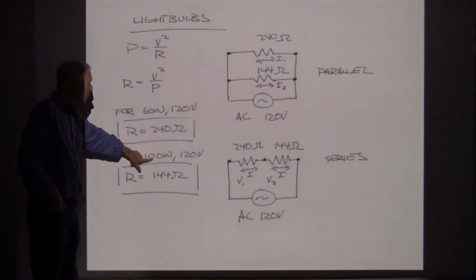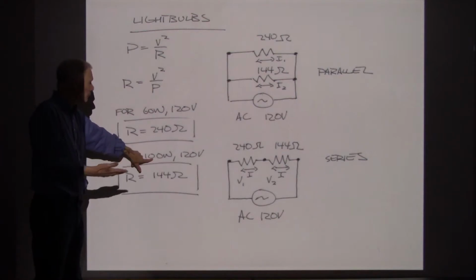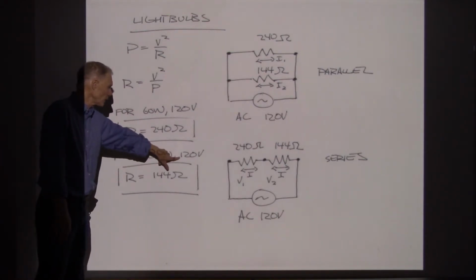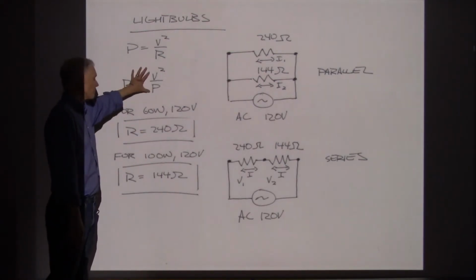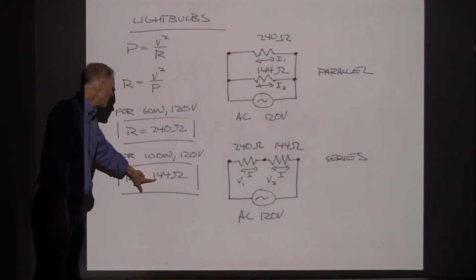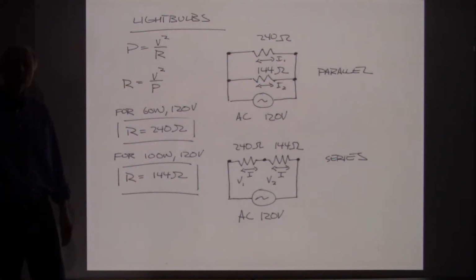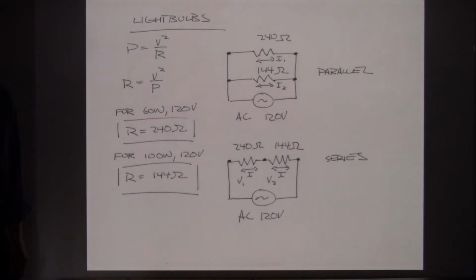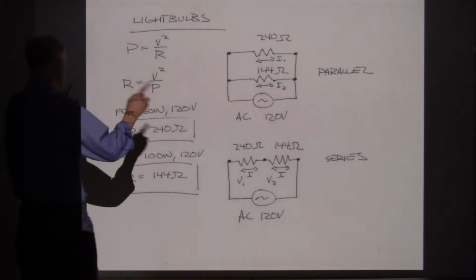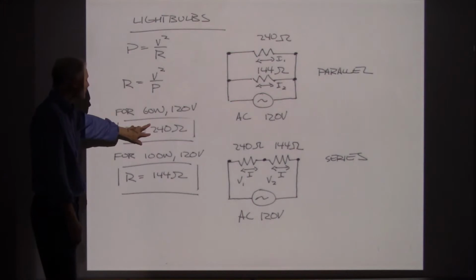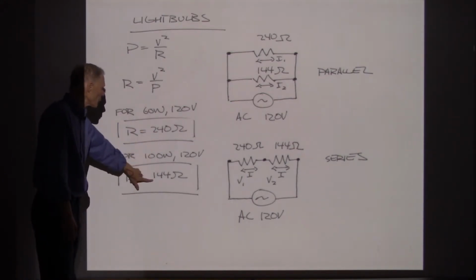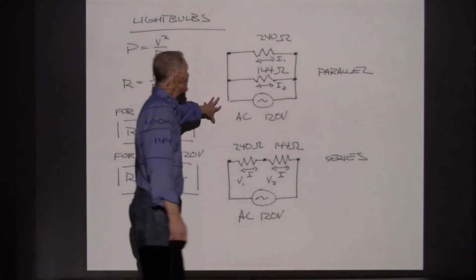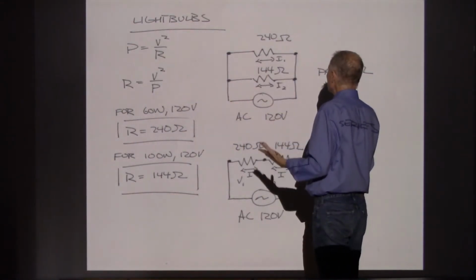The other light bulb is 100 watts if we plug it into 120 volts. Using the same formula, I find that this bulb has 144 ohms of resistance. So I've got two light bulbs, and now I know their resistances: this one's at 240 ohms, the other one's at 144. So I'm going to redraw my circuit and start the problem over.